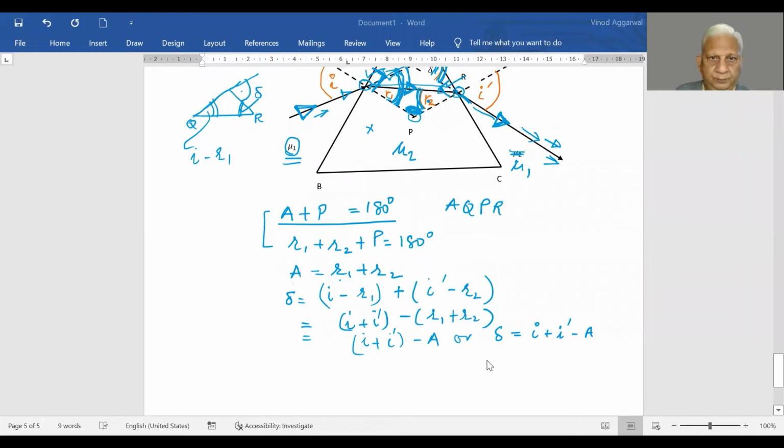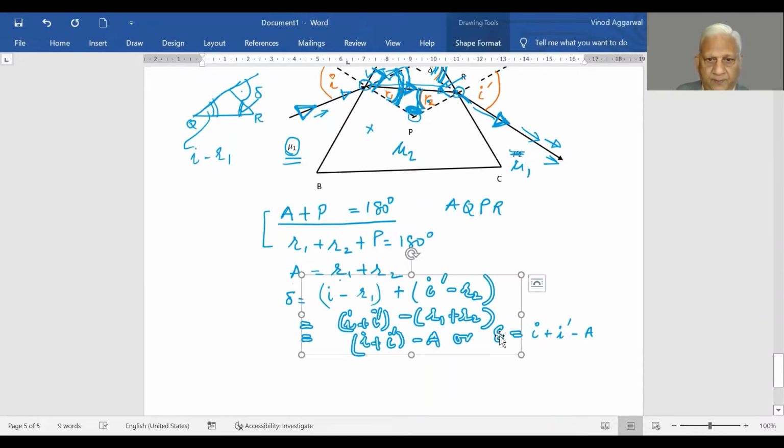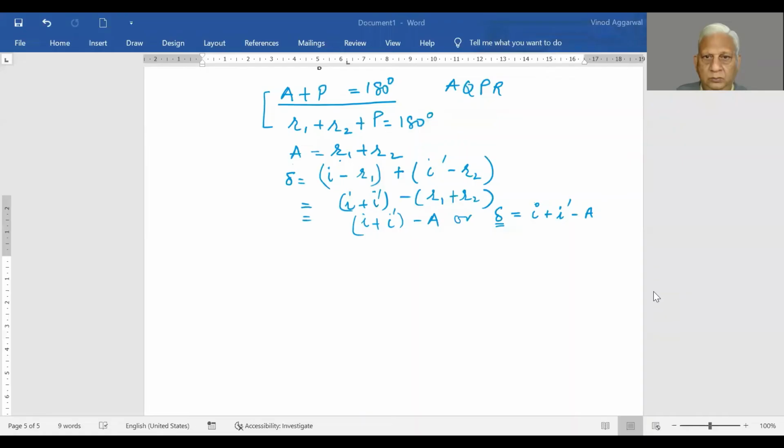Now, if you see, when will this delta be minimum? This A is fixed. The only variable is the incidence angle, which is entering the prism, and this is the exit angle.